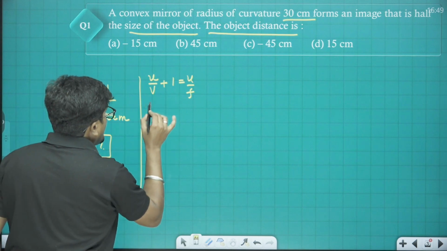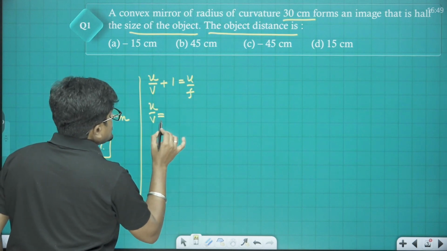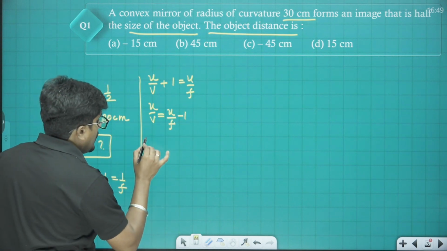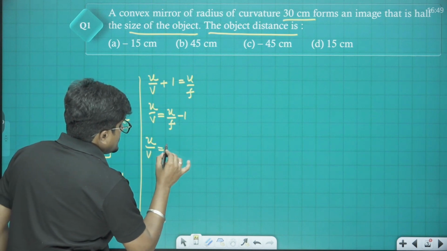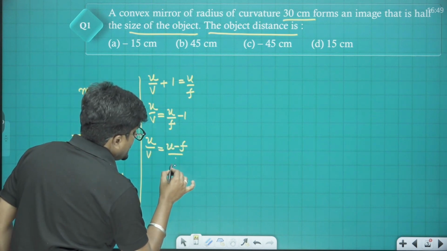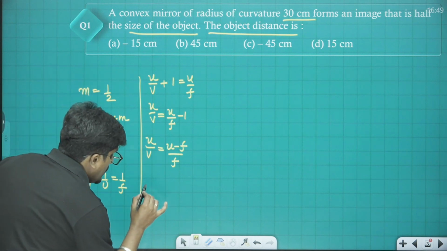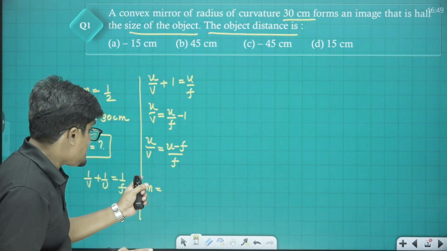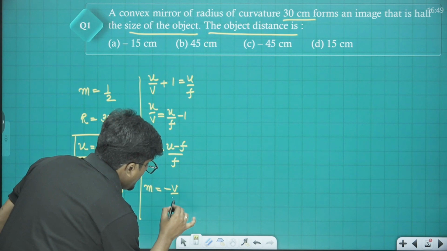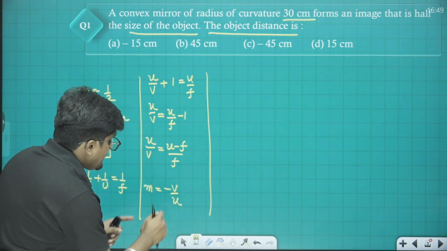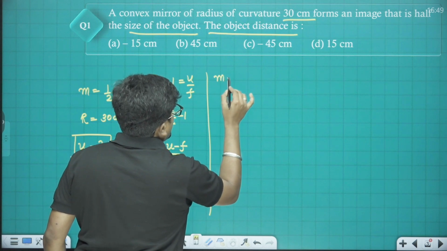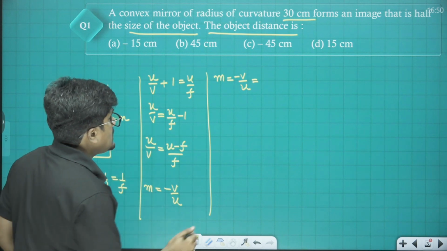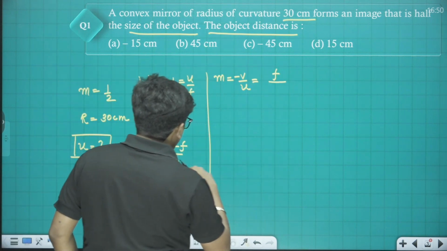So from here I can say that u by v is equal to u by f minus 1, or u by v is equal to (u minus f) all divided by f. Now, what is the expression for magnification in case of a spherical reflecting surface? m is equal to minus v by u, isn't it? So considering this, m is equal to minus v by u, which is equal to f upon (f minus u).